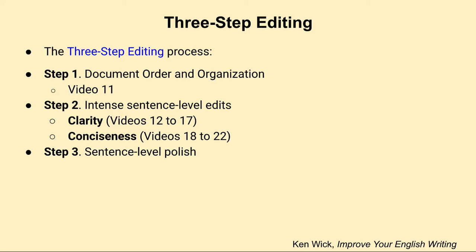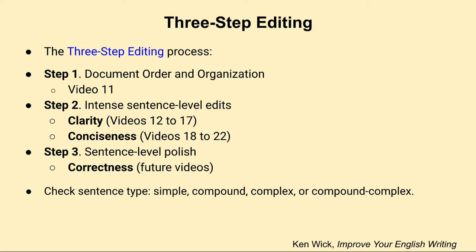Now we're going to move on to step 3 of the three-step editing process, the sentence level polish, which focuses on correctness, and this will be the topic of future videos.